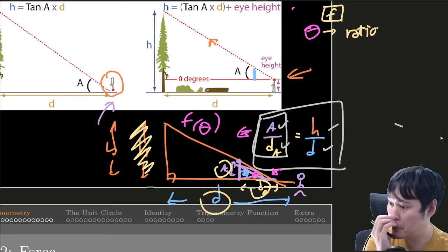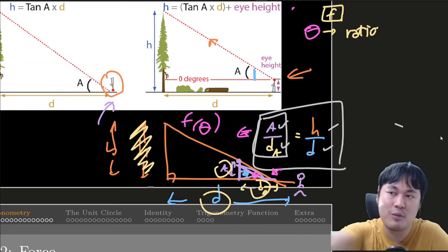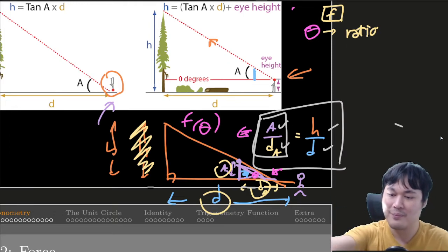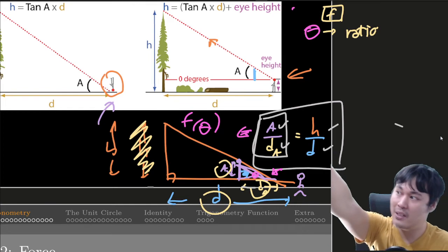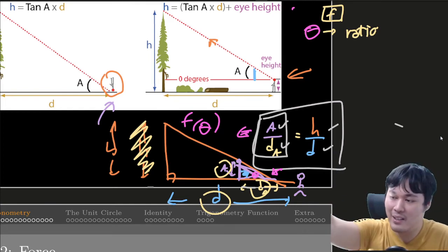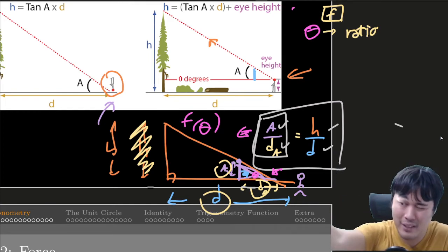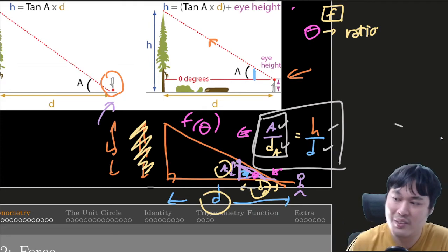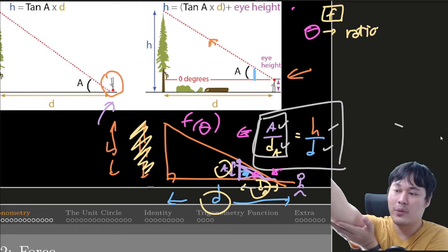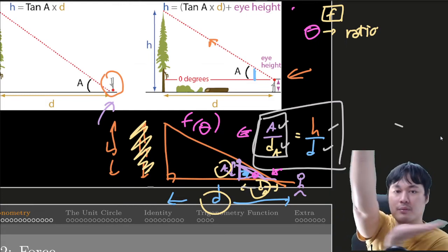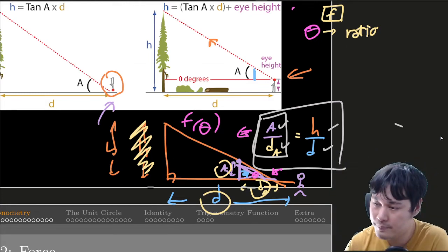Once we know that all we need is the angle, then you don't have to worry about moving your hands up closer or moving away. As long as your arm is fixed at the same angle, then you are good. You can use that angle from your arm to the ground level to determine this height.